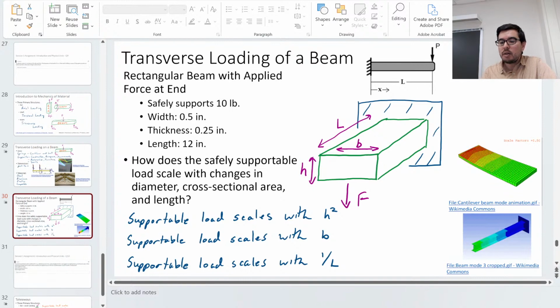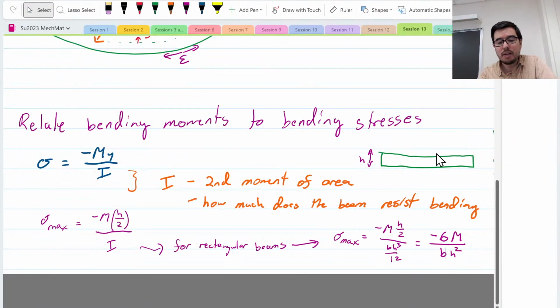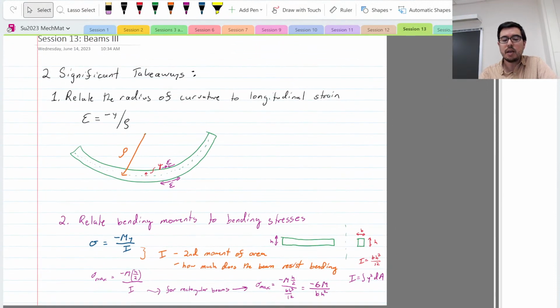Okay, so that's kind of the intro to this very important session. One of the major things we want to have as a lasting set of concepts, more than equations, is that we can tune the properties of a beam structure to be able to support loads, or to have a designed amount of strain.